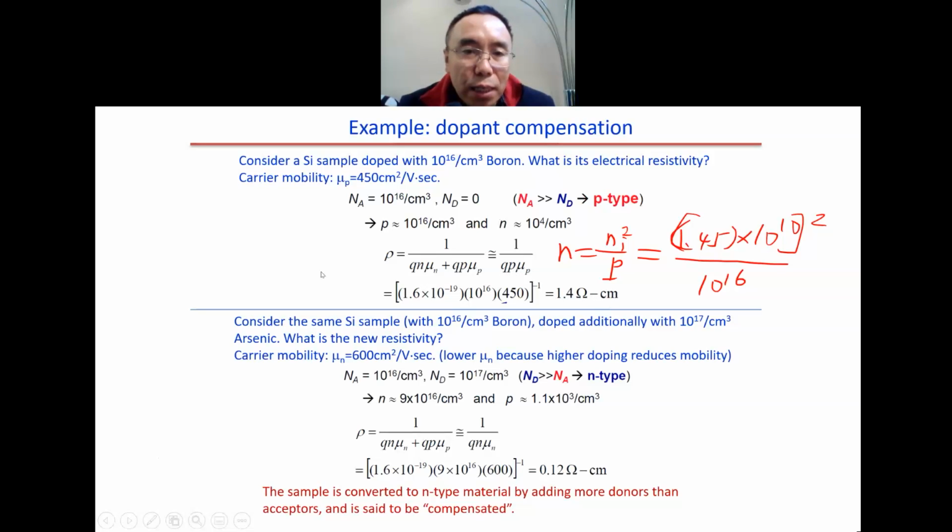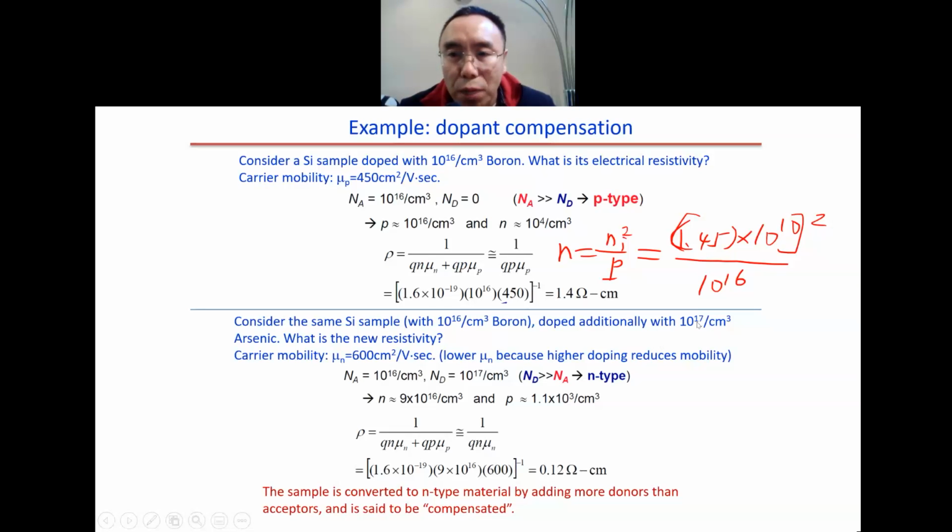Now we consider the same silicon sample with this doping. We dope additionally with 10 to the power 17 per cubic centimeter of arsenic. This is n-type doping. Now we want to know the resistivity.